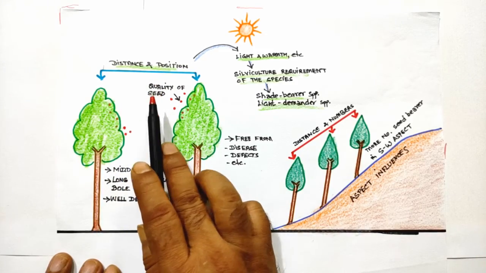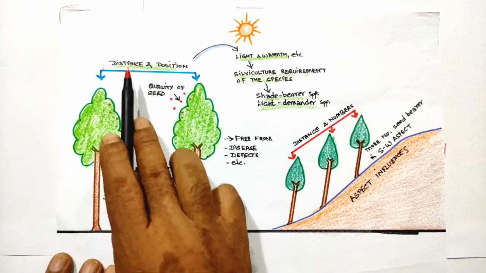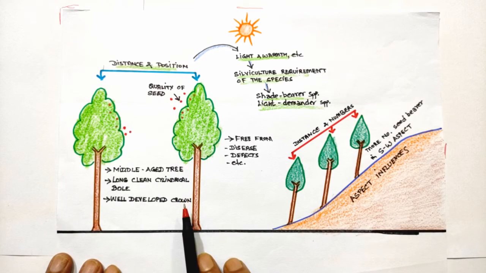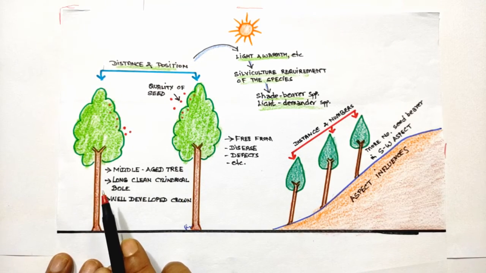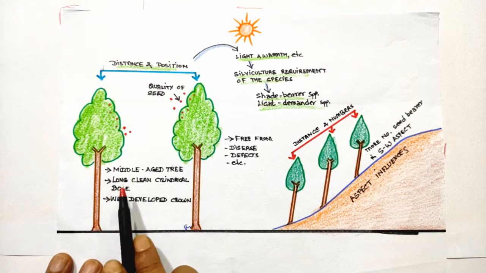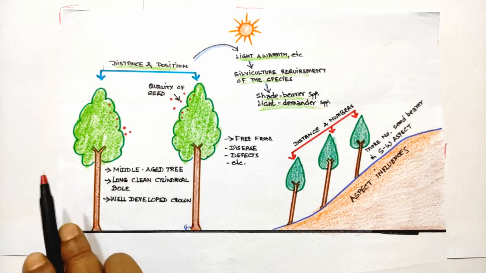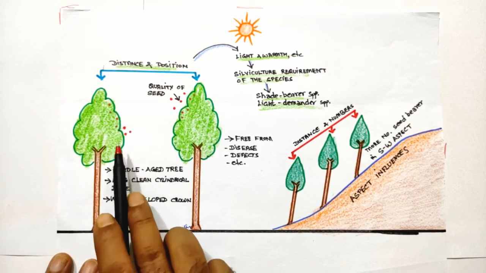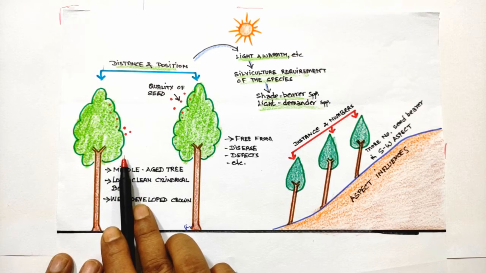For the trees which are to be retained, the distance and positions are very important. The trees retained as seed bearers should be middle-aged. The old trees or the young trees don't give a very good and vigorous type of seeds.